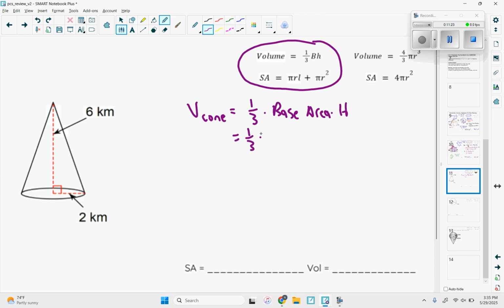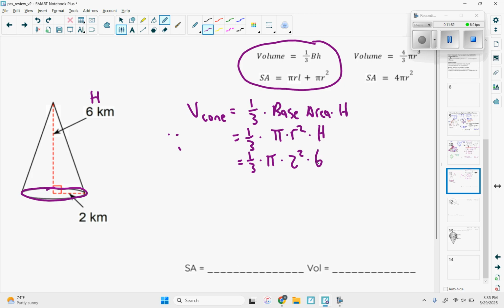And when we talk about base area of a cone, we're talking about the circle here. So that is pi times radius squared times the height, and we're given the height in this one. So we just need to fill in what we have. That's 1/3 times pi times the radius, which is 2 squared, times the height of 6.